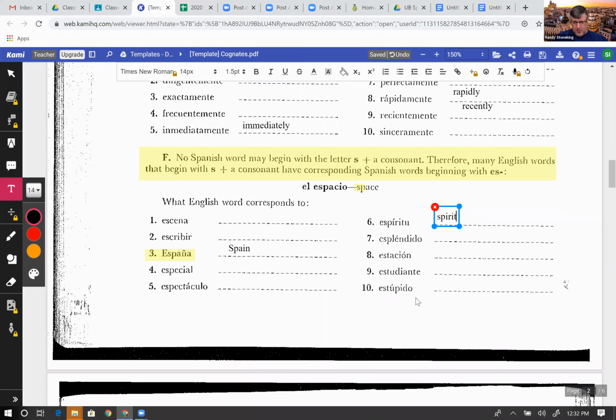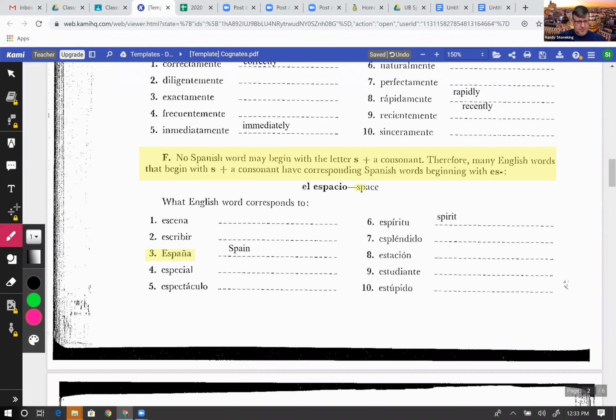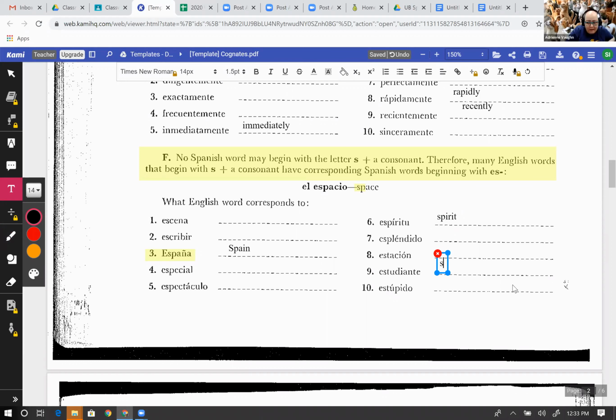Let's do, oh, here's an easy one. Number 9. What are y'all? Come on, guys, wake up. What's it gonna be? I know you're not all studs. What is it?